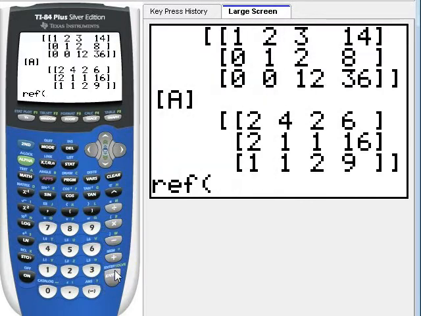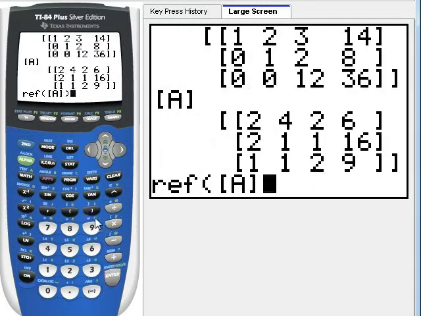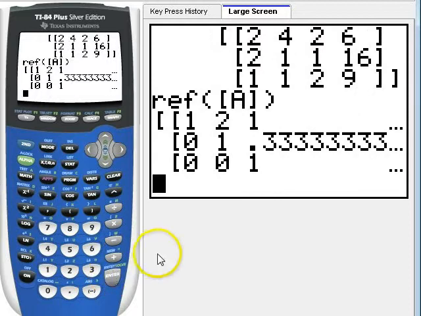Well, good news for you. Ref actually means row echelon form, which basically means upper triangular matrix. So if I go ref and then I go second matrix A and I hit enter, it actually finishes it for me.